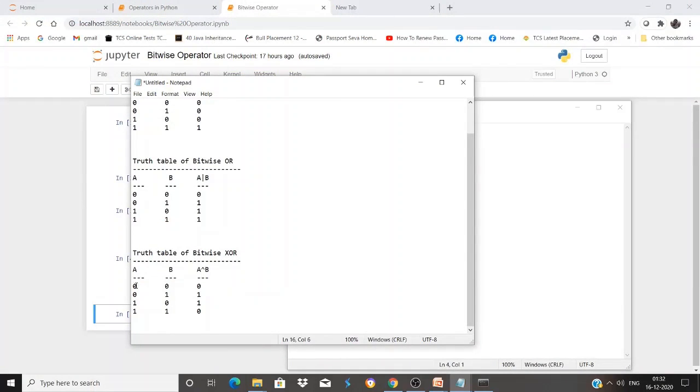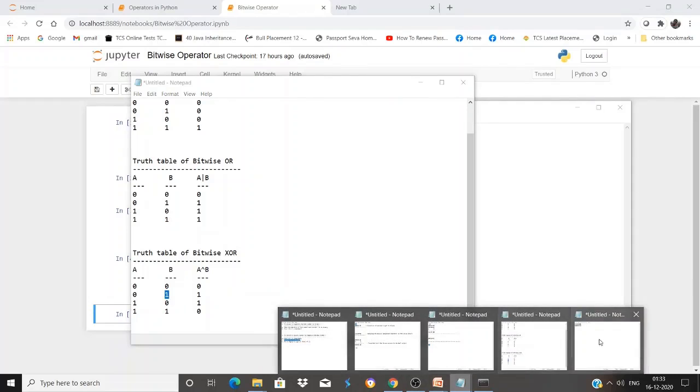For XOR, if the bits are 0 and 0, the output bit is 0. For 0 1 it is 1, for 1 0 it is 1, and for 1 1 it is 0. So when both the bits are the same, the output will be 0. That is, when either both the bits are 0 or both the bits are 1, then the output will be 0. And when one bit is 0 and another bit is 1, the output will be 1. So if the bits are the same, the output will be 0. If the bits are different, the output will be 1.